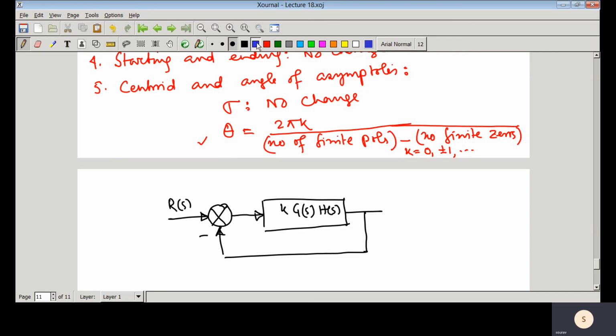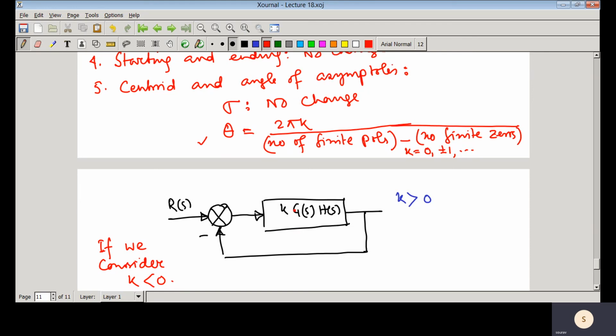So far in the negative feedback structure we have considered k greater than or equal to 0. So now what would be the root locus if we consider k less than 0? That means what would be the root locus whenever k is negative.